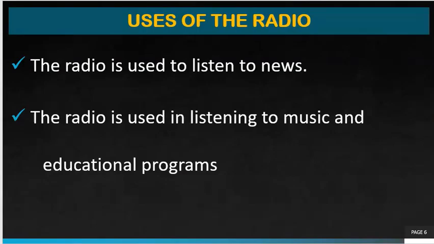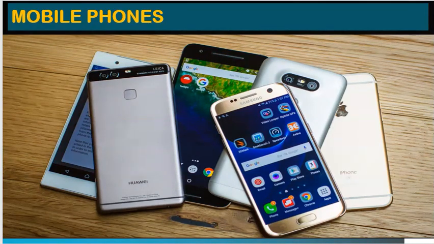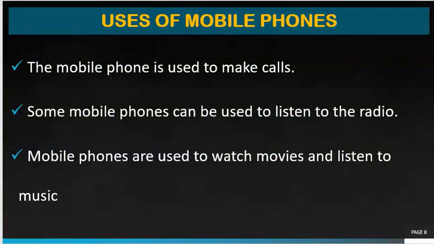The next device is the mobile phone. Mobile phones are also used to send and receive information. Let's look at the uses of mobile phones or smartphones. First, the mobile phone is used to make calls.